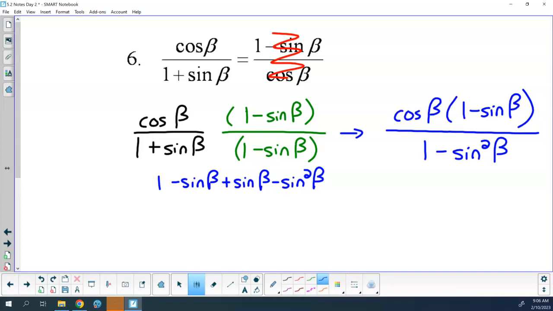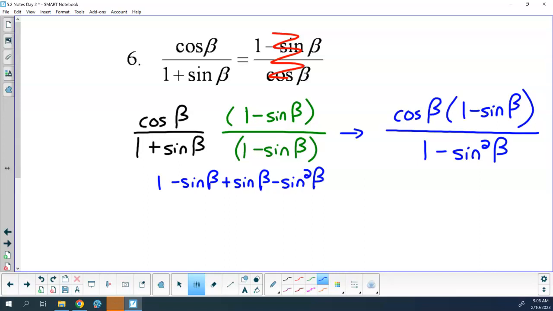Remember, anytime that you see a squared in your identity or in your problem, it's probably an identity. Is 1 minus sine squared an identity? Which one? It's an offshoot of the hammer. It's the second one in number 7. 1 minus sine squared is what?